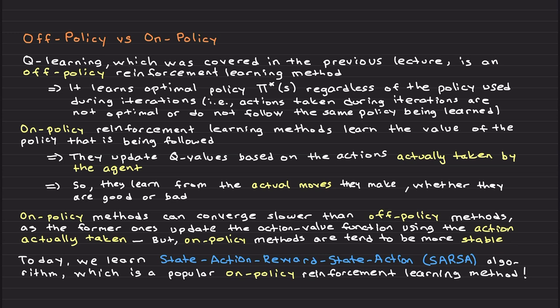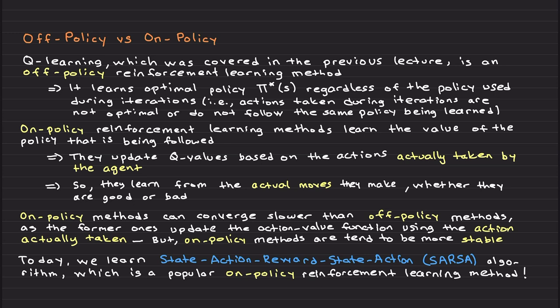So before we learn the policy, we do several reward-based interactions with the environment. And especially during the learning process, they do not necessarily represent the optimal policy.